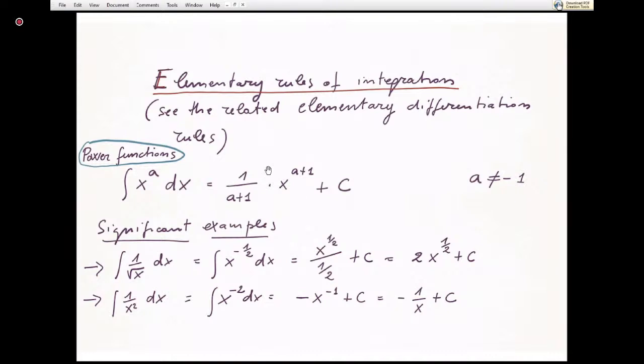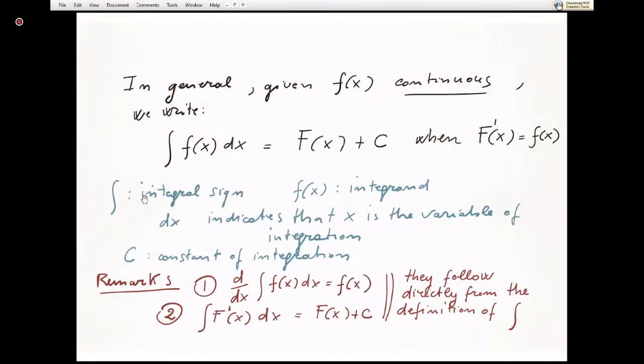When we get the result, we compute the derivative of the result, and we obtain again the integrand, okay? Like in this case. Suppose that we solve this integral, then we compute the derivative with respect to x of our solution, we get again the integrand, okay?